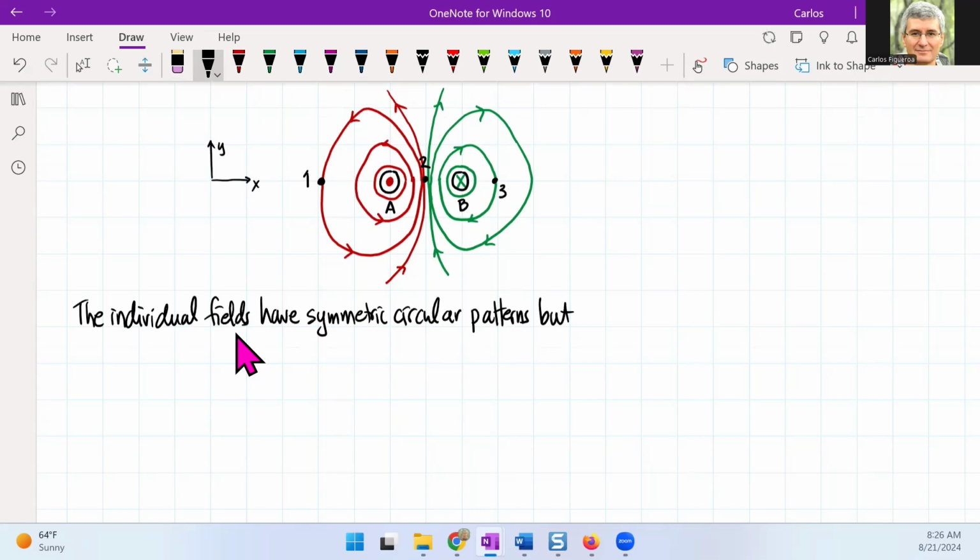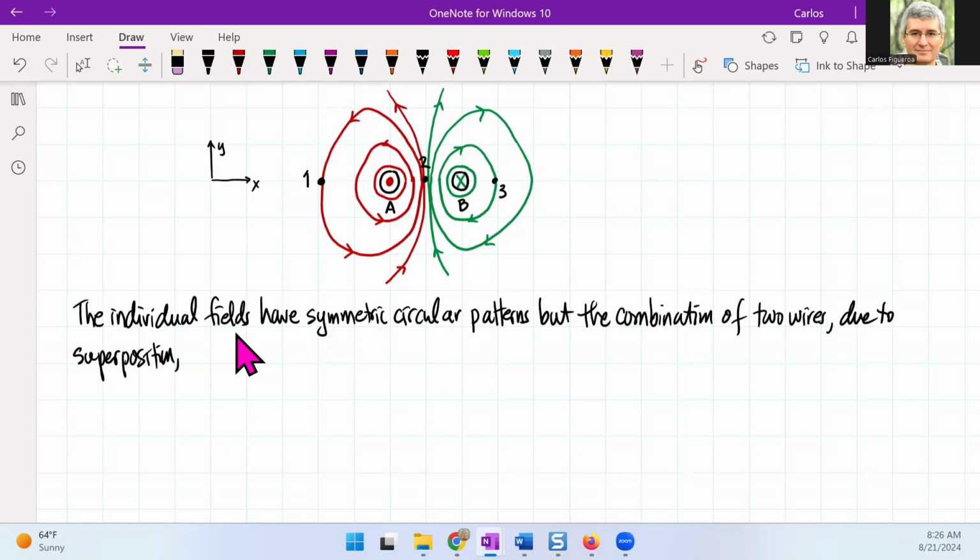But the combination of two wires due to superposition are not symmetric.